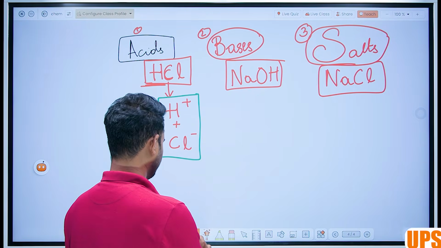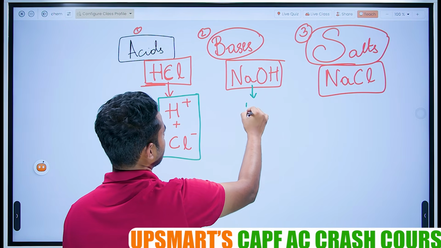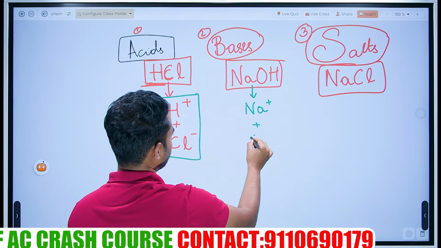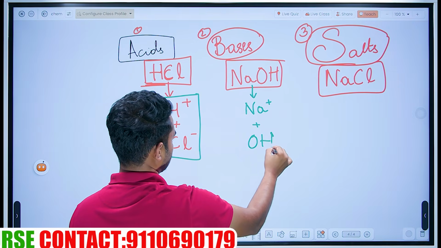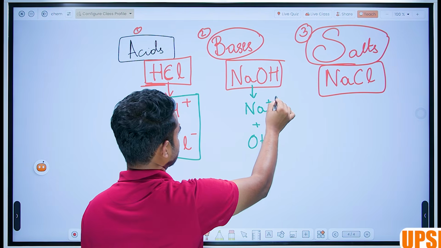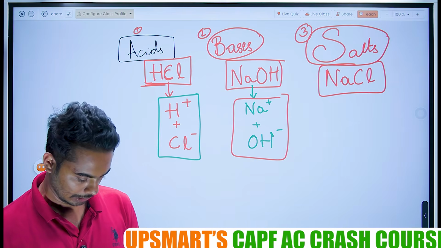Similarly, if you dissolve NaOH in water, what you get is Na+ and OH-. This is what you get when you dissolve a base in water.